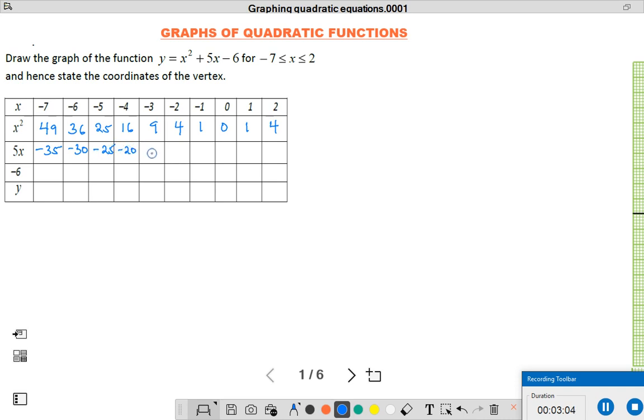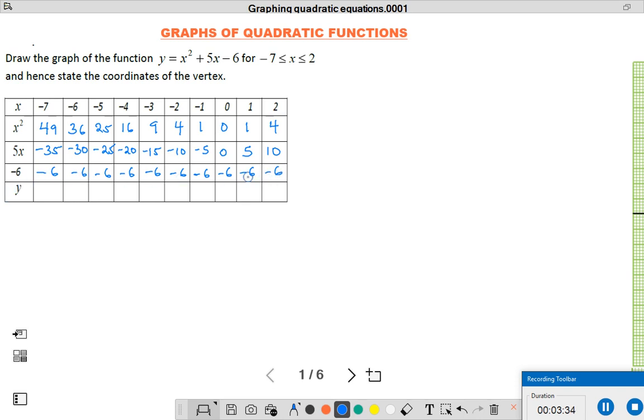This one here is negative 15. This one here is negative 10, negative 5, 0, 5, and 10. Then we have negative 6 is a constant. We don't have the variable x on it, so it remains negative 6 throughout. So we fill with negative 6 in all the spaces here.